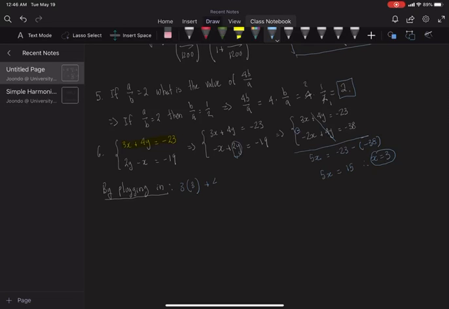Plus 4y is equal to negative 23, right? So after all, we get 9. 3 times 3 is 9. Plus 4y is equal to negative 23.